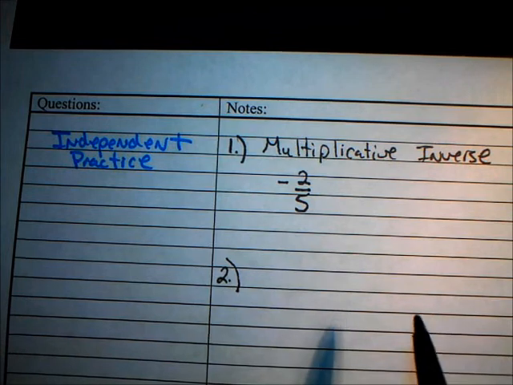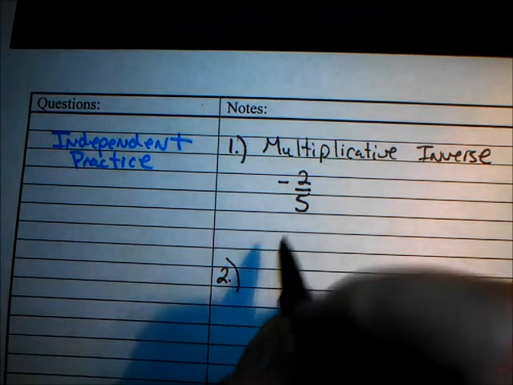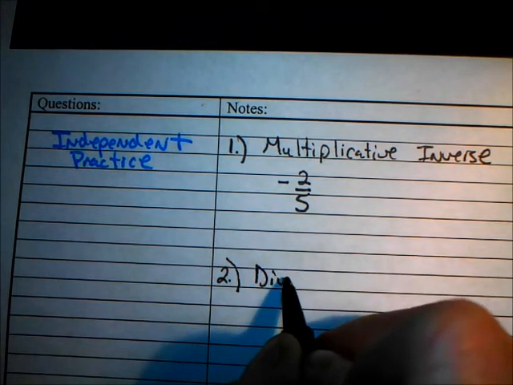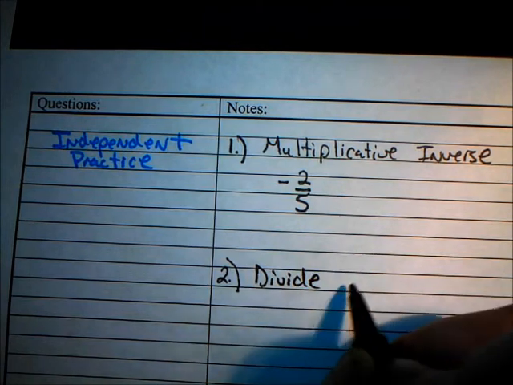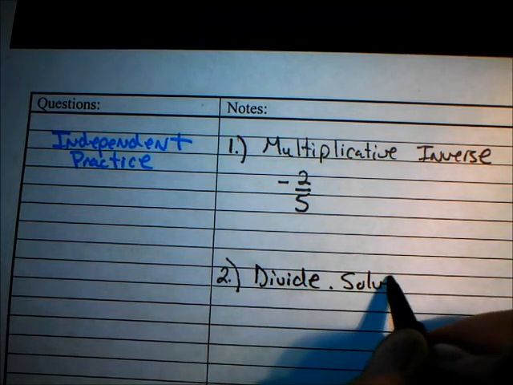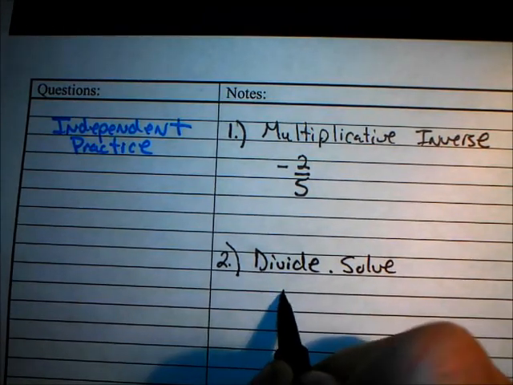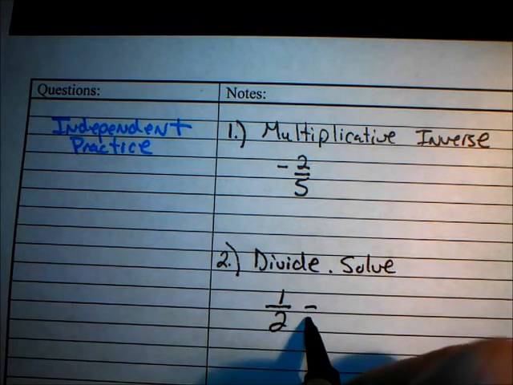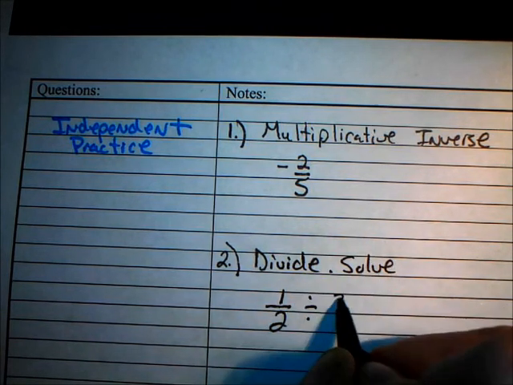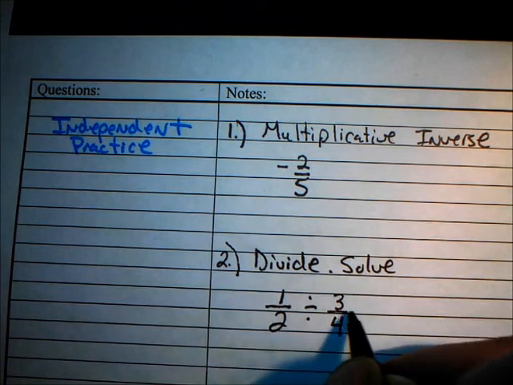Number 2, I want you to divide, find out what this equals, solve it: 1/2 divided by 3/4.